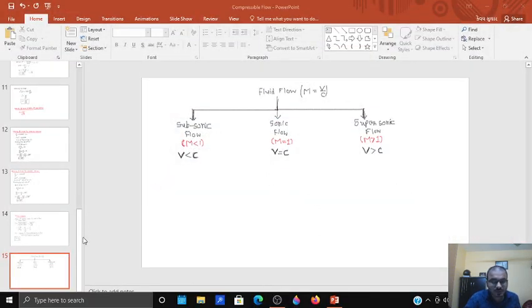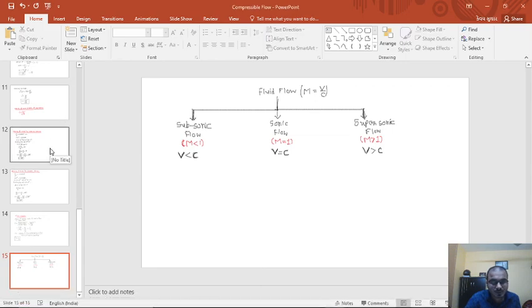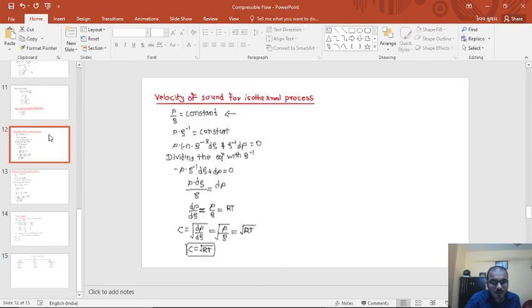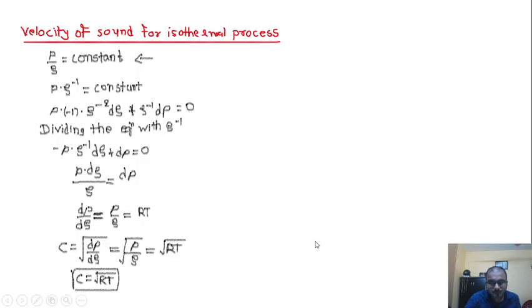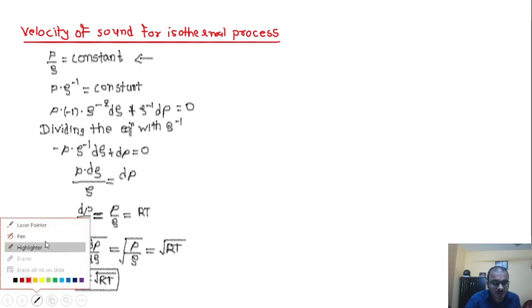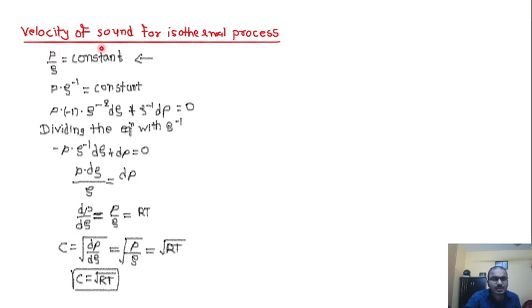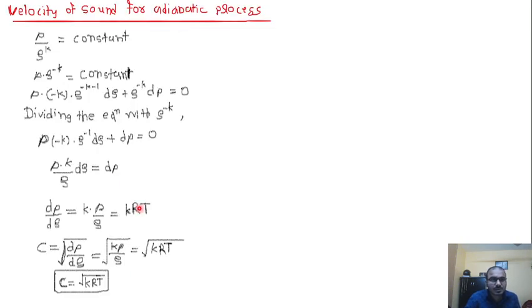So let's quickly revise the topics that we have done today. In today's lecture, we started with the velocity of sound for an isothermal process, and we derived it as square root of RT. Then the next is velocity of sound for an adiabatic process, where we derived it as square root of kRT.